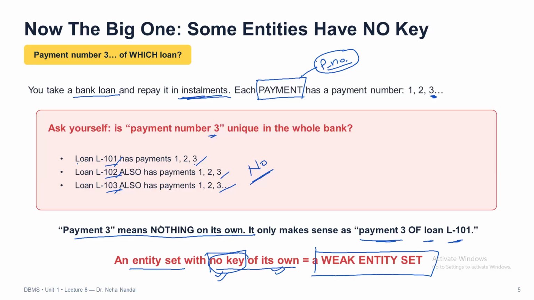If you have any doubts, please drop a comment. So this entity set cannot identify itself. It must borrow identity from somewhere else. So this payment has to borrow this identity, the payment number, from the loan. So it cannot have this key attribute. And an entity with no key attribute is called a weak entity.